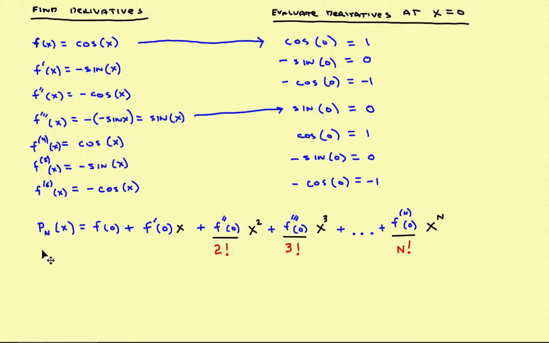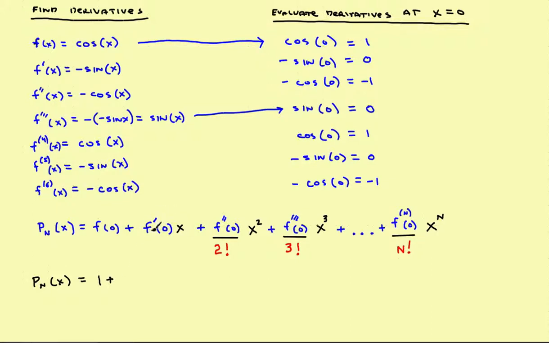First of all, I want P sub n, so the polynomial is going to be equal to, and now it's just a matter of getting each thing out of this list over here. So you want the original function evaluated at 0. Well, that's this one right here. So the original function of the cosine evaluated at 0, that's your first coefficient, or first term. So this is going to be 1. Then you've got plus.